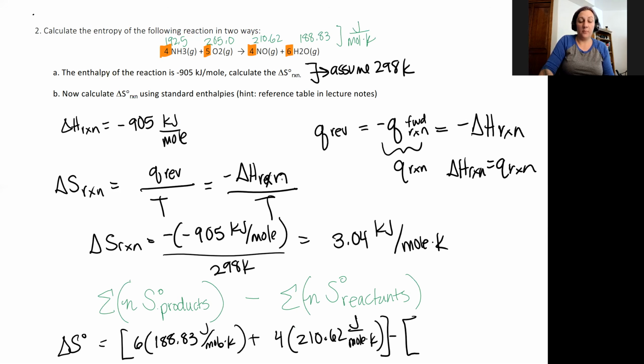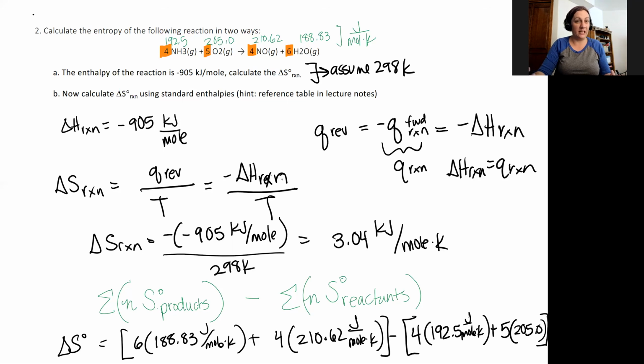And then subtract the sum from our reactants. So let's start with our ammonia. We've got 4 of those, and we have a standard entropy value of 192.5. And we'll add to that 5 times our value for the standard entropy for oxygen, which is 205. I ran out of room for my units. I apologize for the last one.